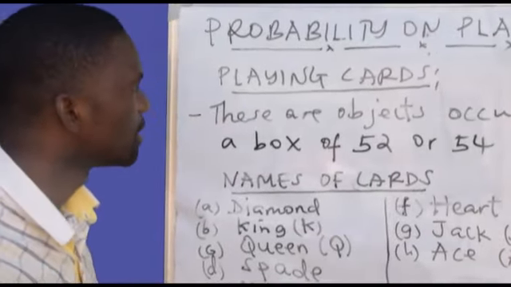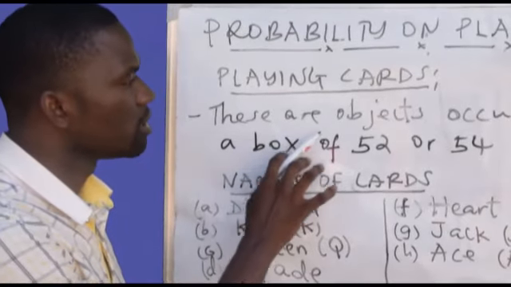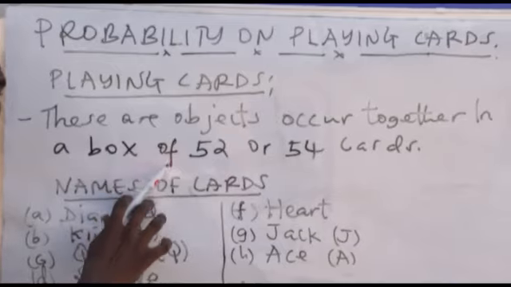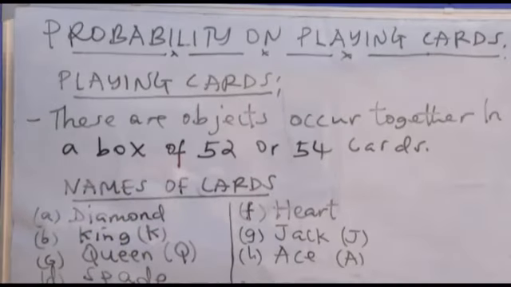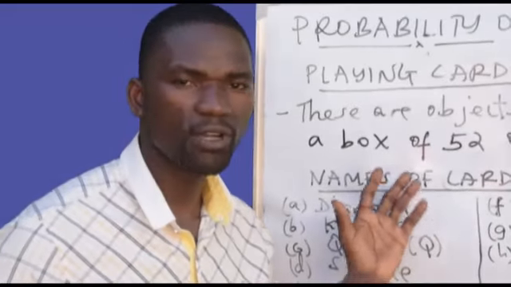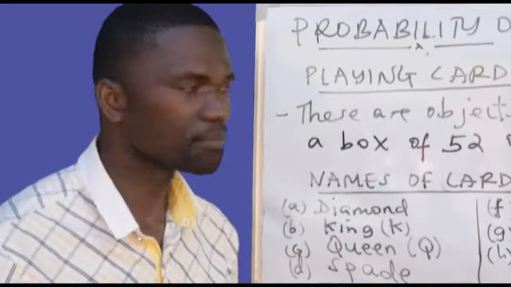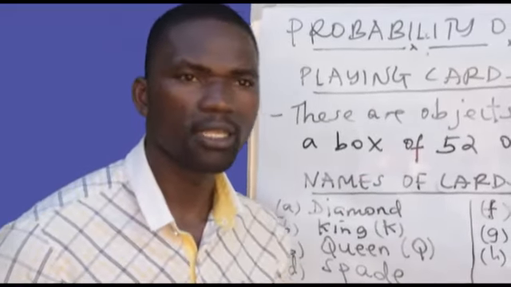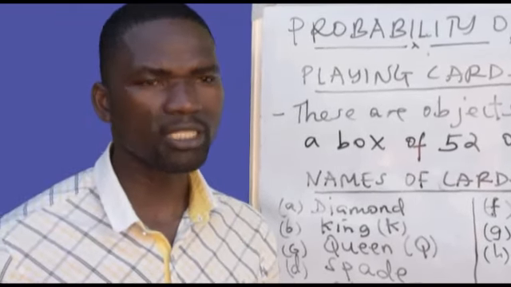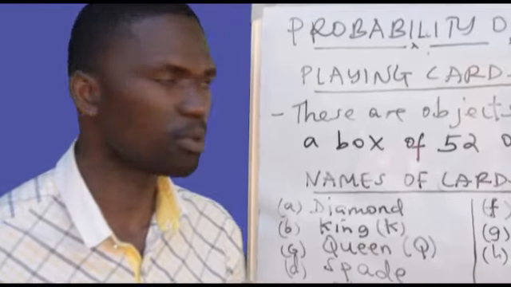Playing cards are defined to be objects which occur together in a box of either 52 or 54 cards. These objects are very familiar all over the world. I hope in some way or in one situation or another you might have encountered that kind of playing.